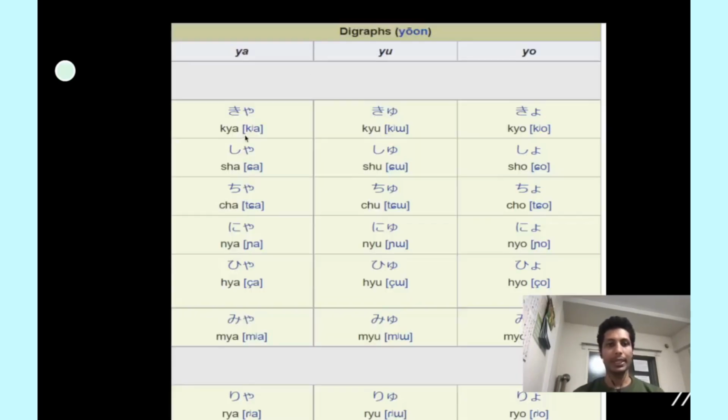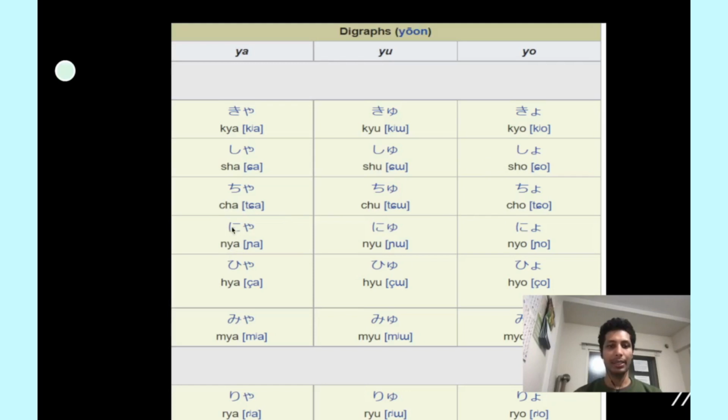So here you can see, for example, this is ki, right? And then a small ya. You can see this is not the same size as ki, so this is a smaller ya, right? So ki and then small ya become kya. So down this line you can see kya, kyu, and kyo. Similarly sha, shu, sho, cha, chu, cho, right?